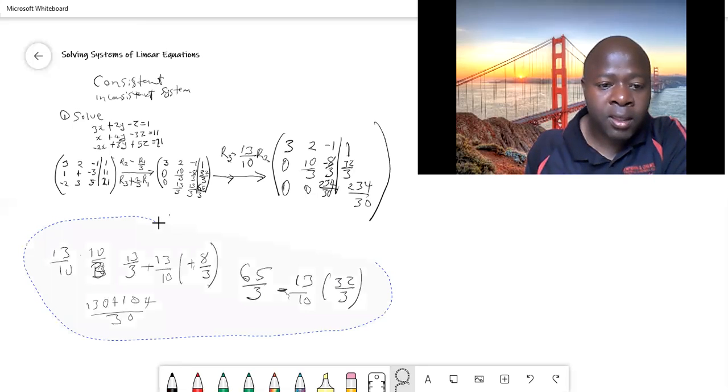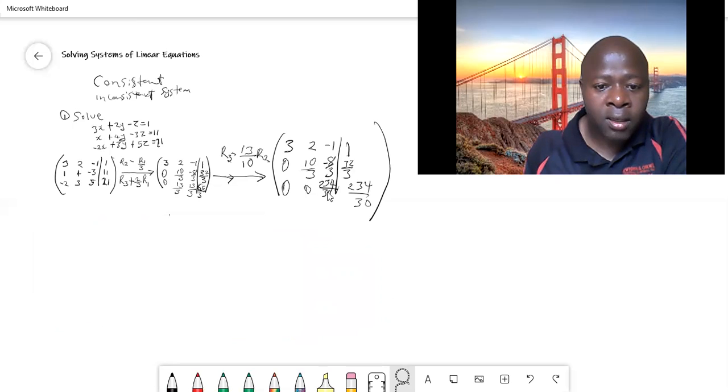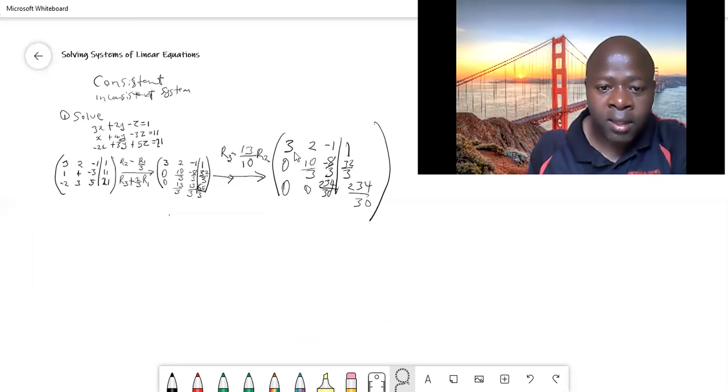Okay, so once we reach that point, we've already done what we wanted to do using our diagonal to create elements below it to be zeros. Once we achieve that, then we can write the equations. The first equation here means 3x plus 2y minus z equals 1.